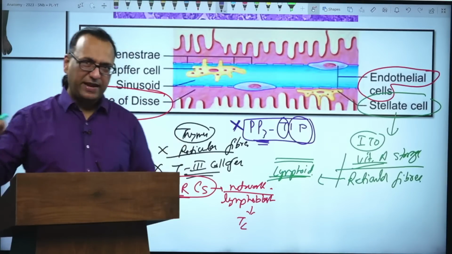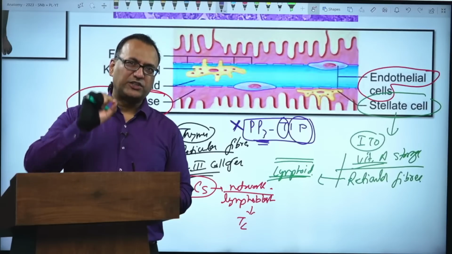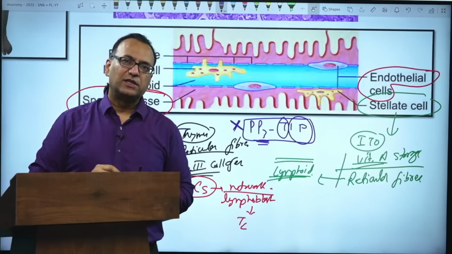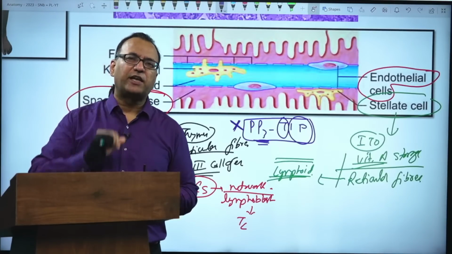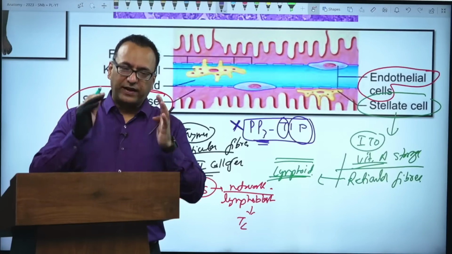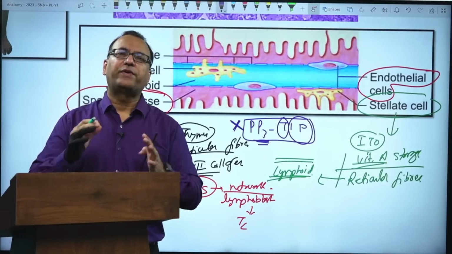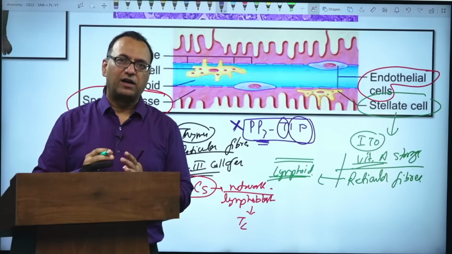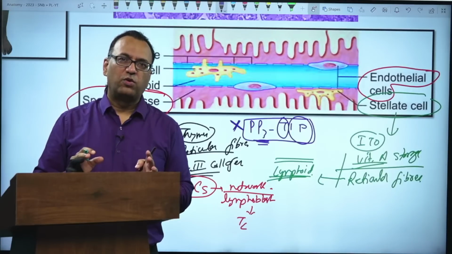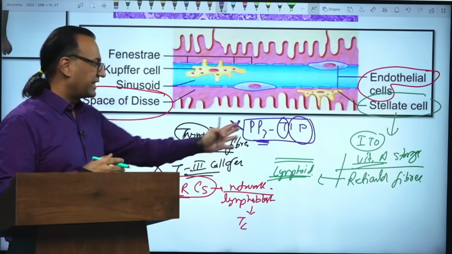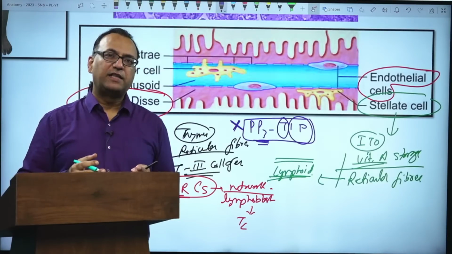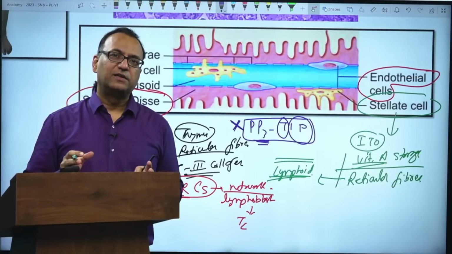And I have seen some names given during the chat. You have written some names. I guarantee you, 100% guarantee, that most of the faculty in India don't know all this because they have never read Gray's Anatomy.